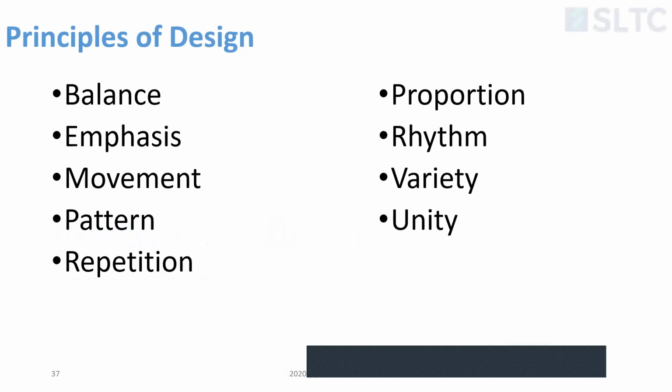Number one is balance, emphasis, movement, pattern, repetition, proportion, rhythm, variety, and unity. So don't worry about these words. They are big words, but we need to know that these are the areas we will be working on. They're not very difficult, right? Once you learn it, you will remember what is going on.